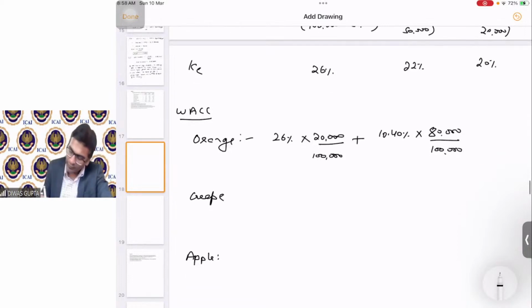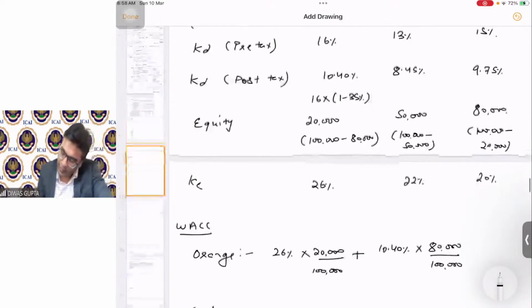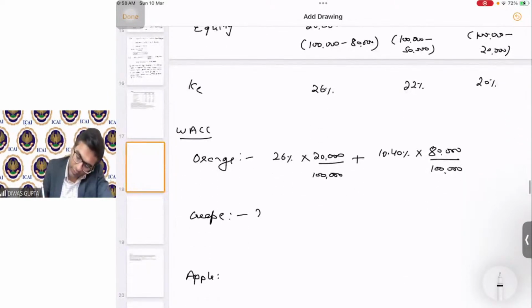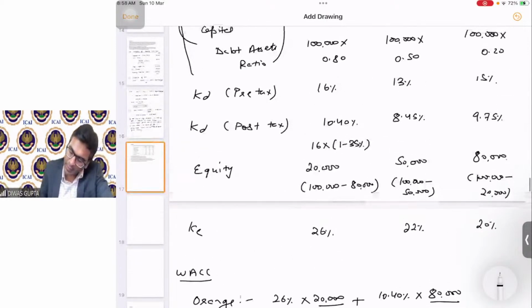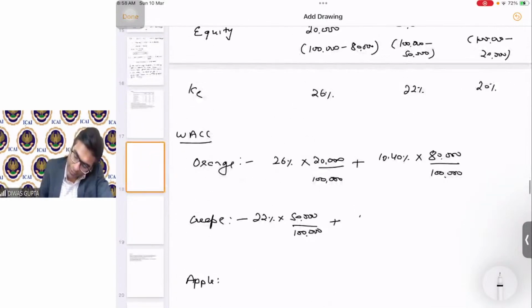Correct? Grape similarly will be 22% into 50,000 divided by 1 lakh plus 8.45% into 50,000 divided by 1 lakh.